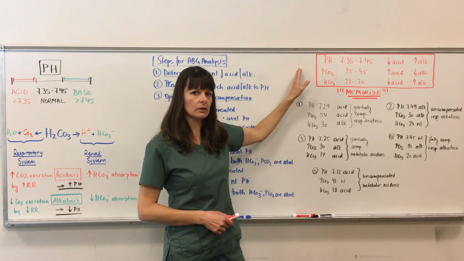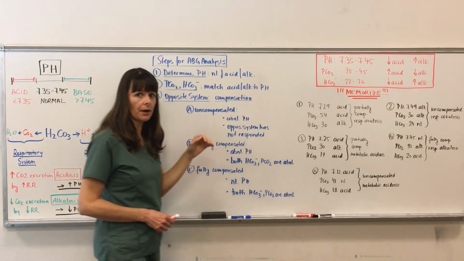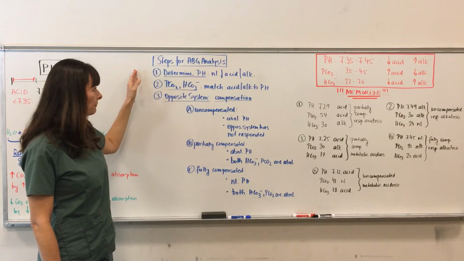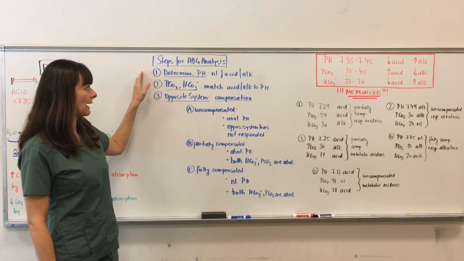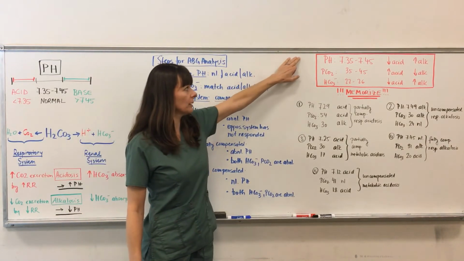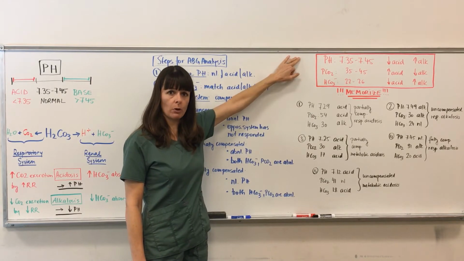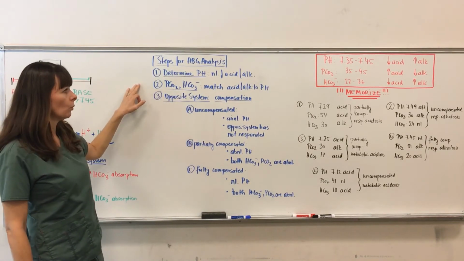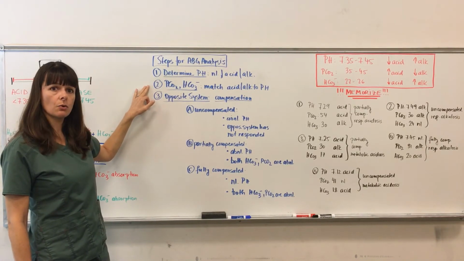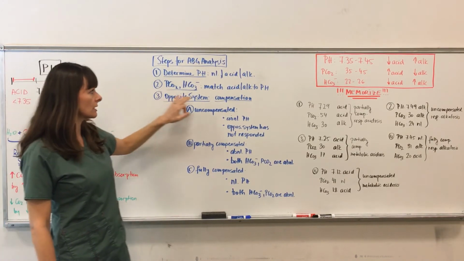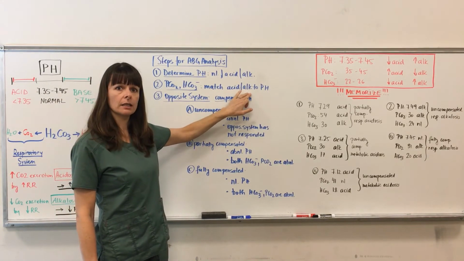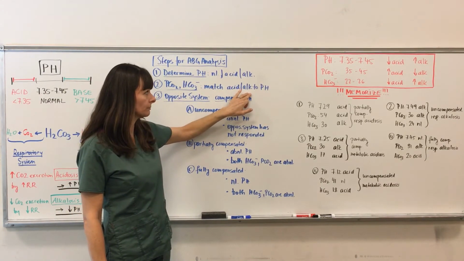So I've written out some steps here on how to go about interpreting these ABGs. So first of all, we're going to look at the pH and determine if it's normal, acidotic, or alkaline. Number two, we're going to look both at the PCO2 and the bicarbonate to see which one of them matches the acidotic or alkaline state of the pH.